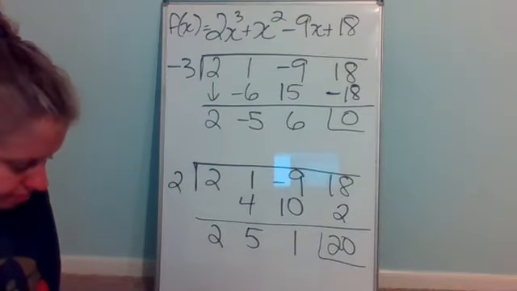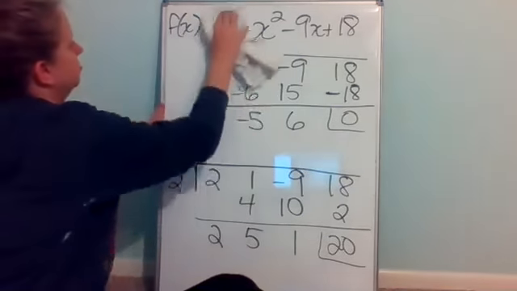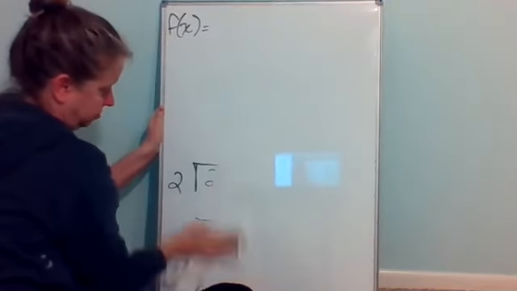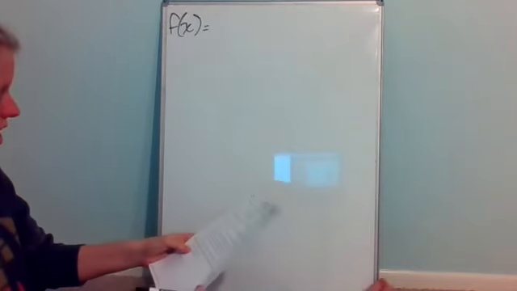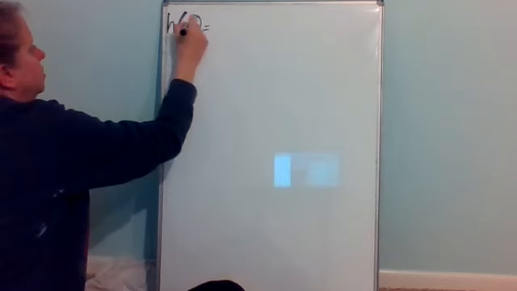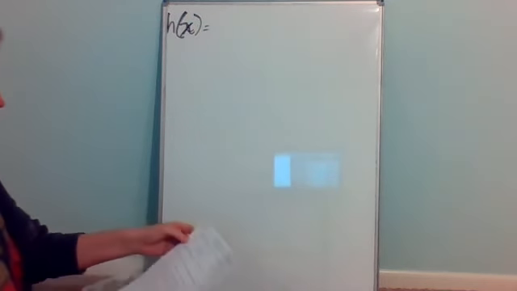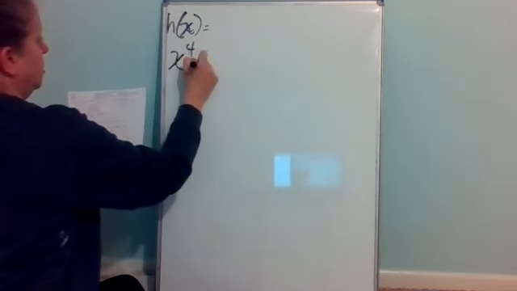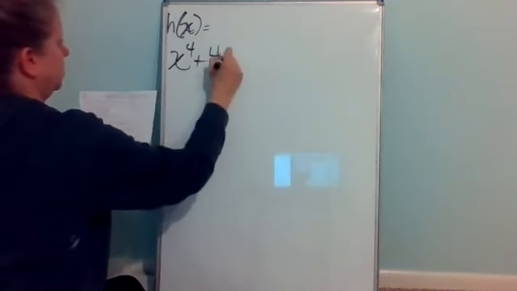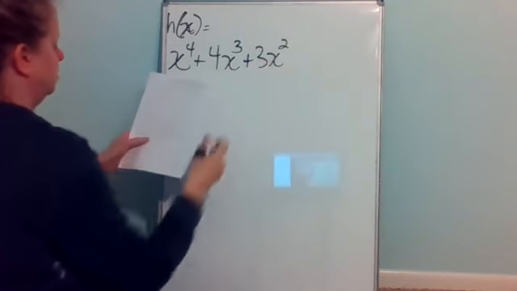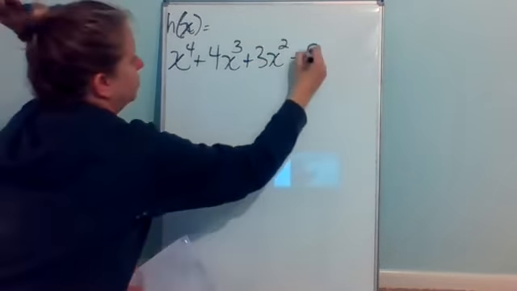All right, number 4. F of, or h of x, I guess, x to the 4th plus 4x to the 3rd plus 3x squared minus 8x plus 12.